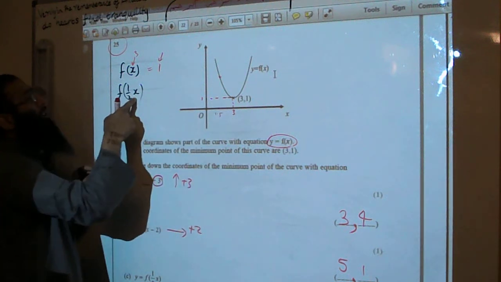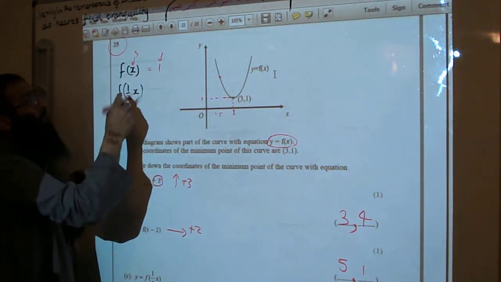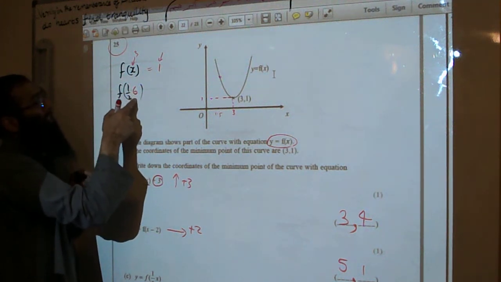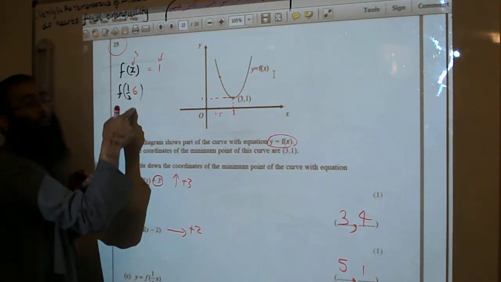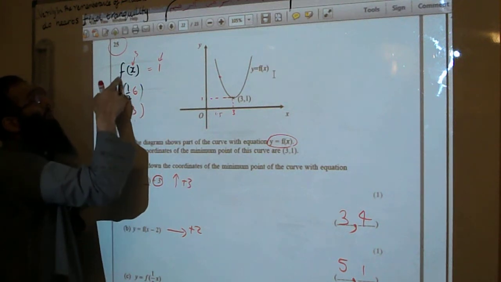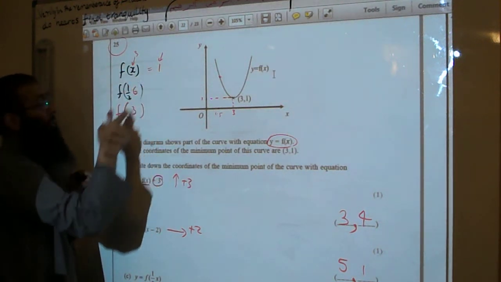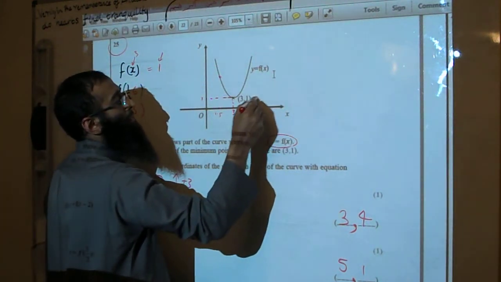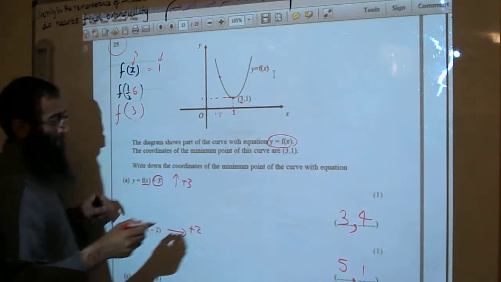So in order for us to regenerate 3, I need to put in for x 6. So half of 6 will give me 3. So I'll end up working out f of 3, which will give you 1. That will generate the minimum point. So in a sense, that point 3 will become 6.